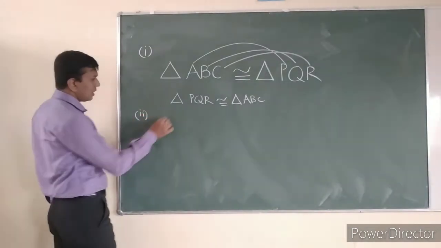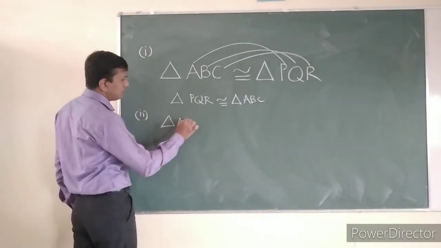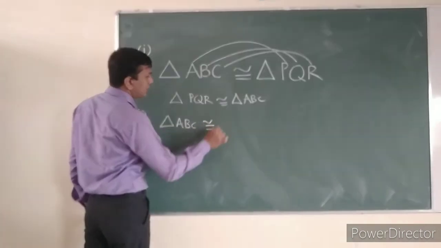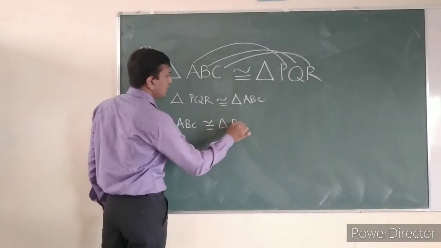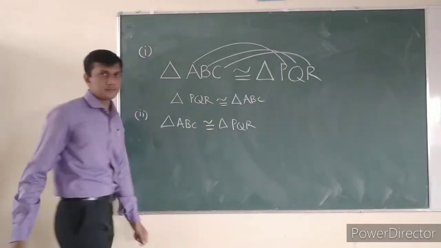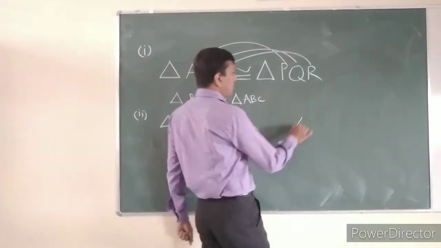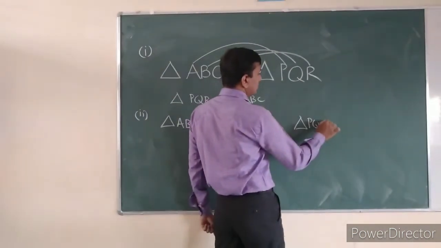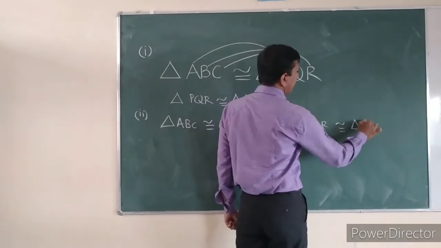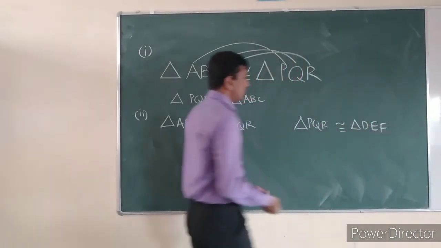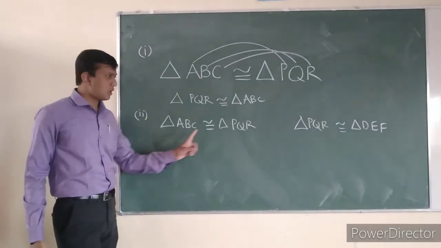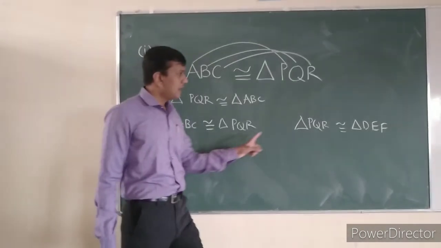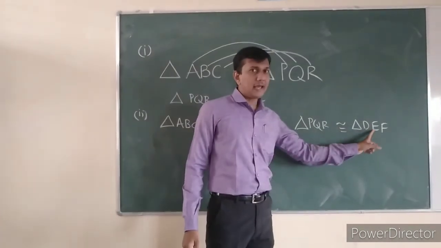That means the reverse also. Okay. Suppose I have triangle ABC congruent to triangle PQR. Now, one more triangle, triangle DEF. Triangle ABC is congruent to triangle PQR. Triangle PQR is congruent to triangle DEF.